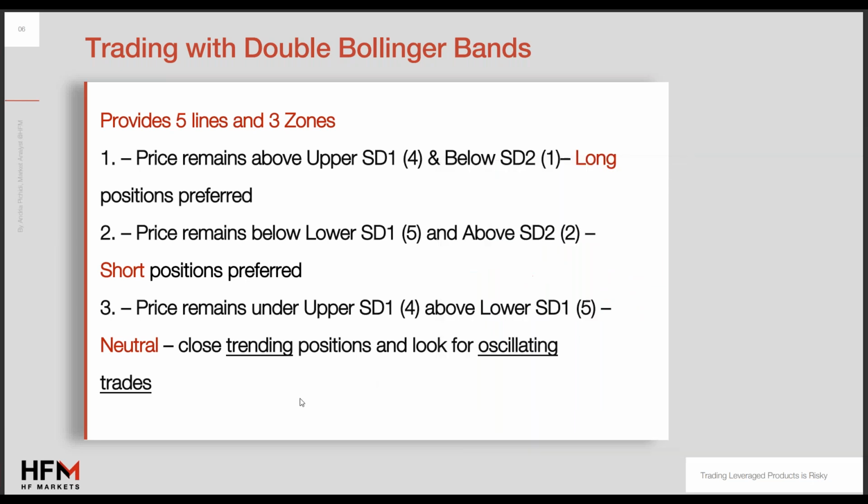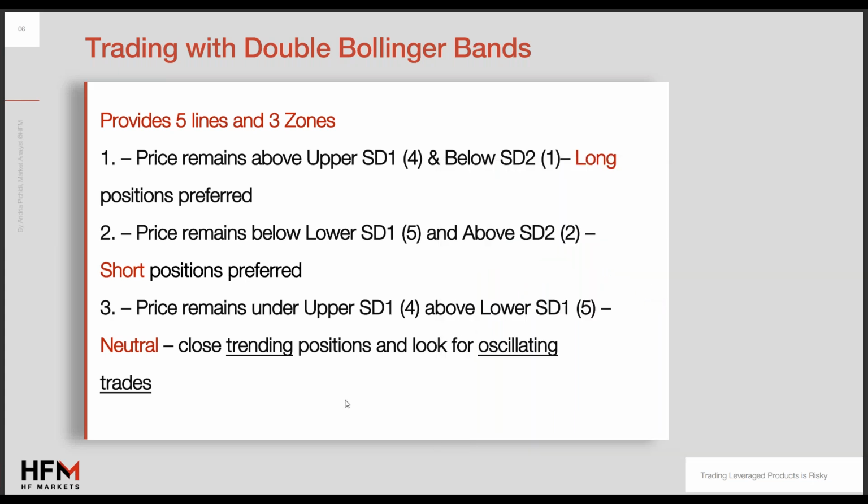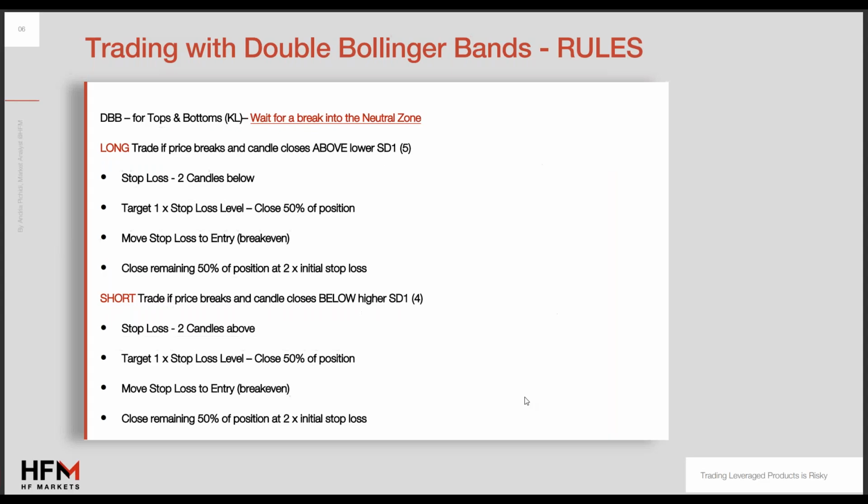So how you can use that: if you already have a trending position, a long or a short position, you might consider closing it as soon as you see the asset stuck within the one standard deviation range, or you might look for any breakouts or any oscillating trades.